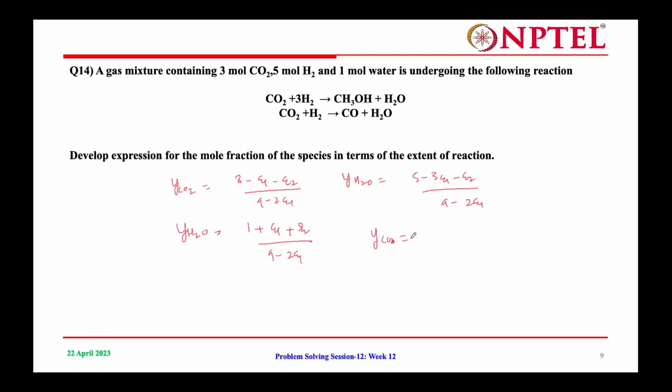For CO, the extent for reaction 2 divided by 9 minus 2ε1. For methanol, ε1 minus the reaction.